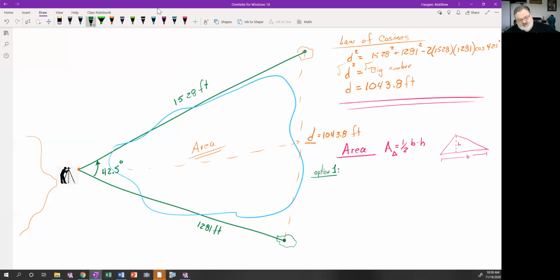Well, option 1 goes back a little more than 2,000 years, or around 2,000 years. In the 1st century AD, Heron of Alexandria developed what is commonly referred to as Heron's formula.